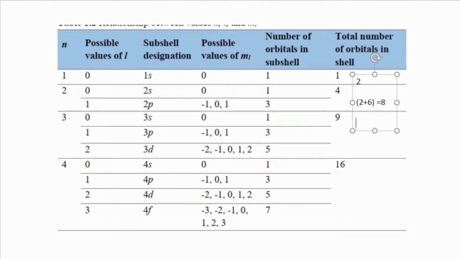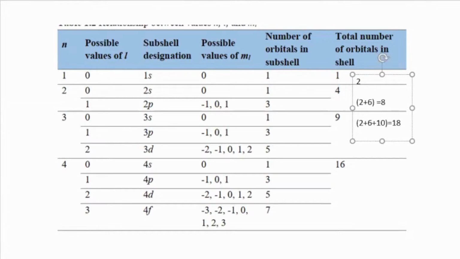Then for this, for s orbitals 2, p orbitals 6, and d orbitals 10. So altogether it's 18. I think you have a rough idea of how to get this.